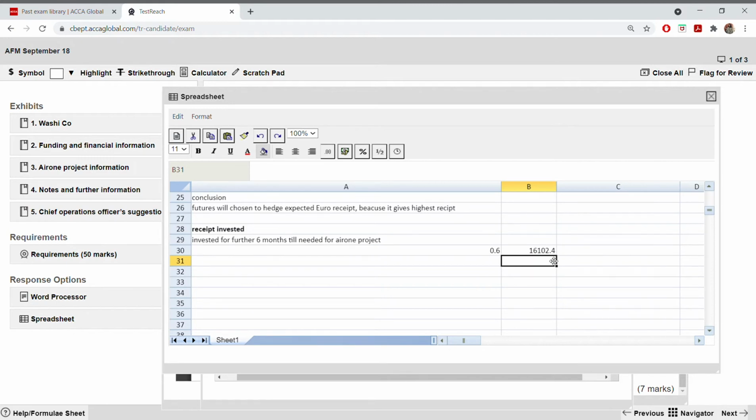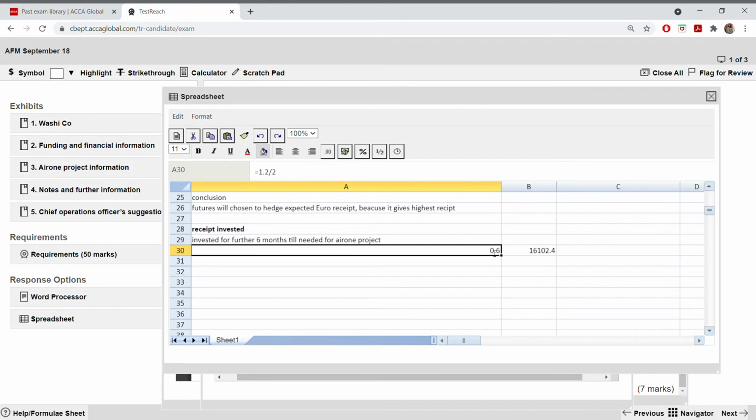How much are you getting? So if you see, no, something is wrong here. It is 1.2% you have to take. So now if you see, the answer automatically changes.